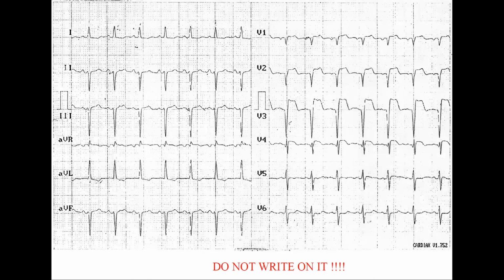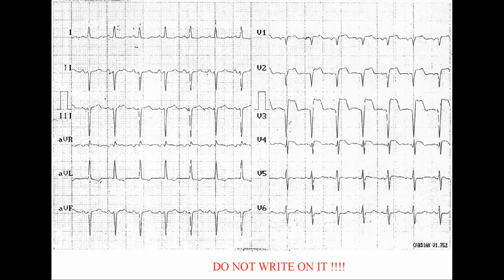First of all, it seems regular. Good. The heart rate seems smaller than 3 boxes, so it's below 100, and between 150, 120, 110 is fine. Because if you had 2 boxes, that means 150.